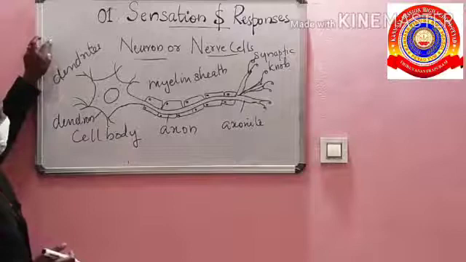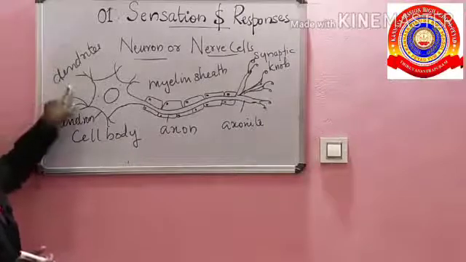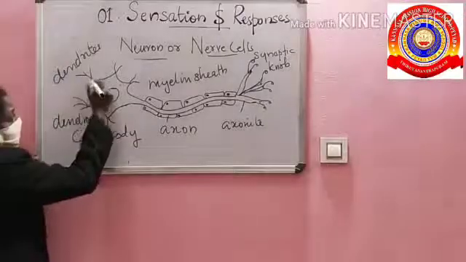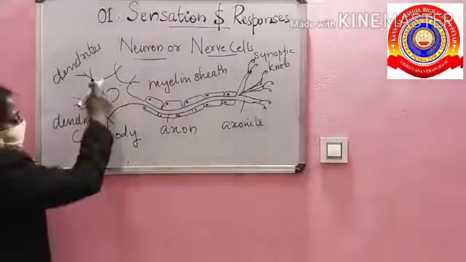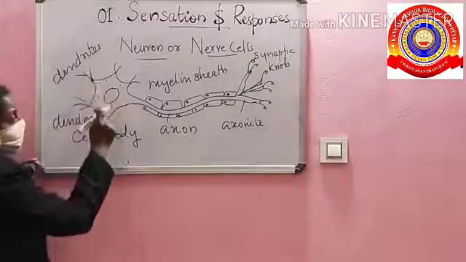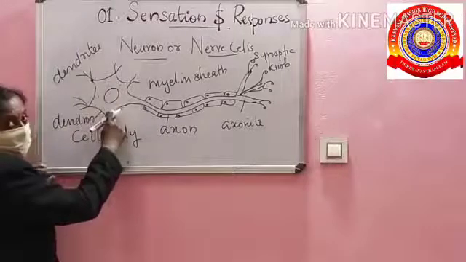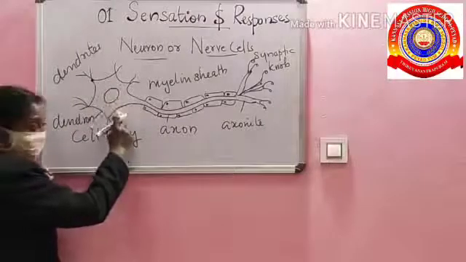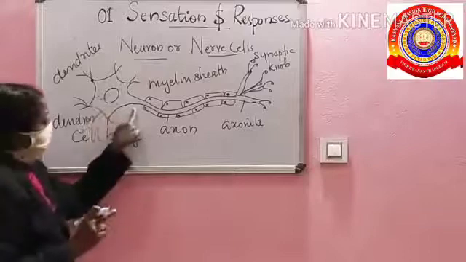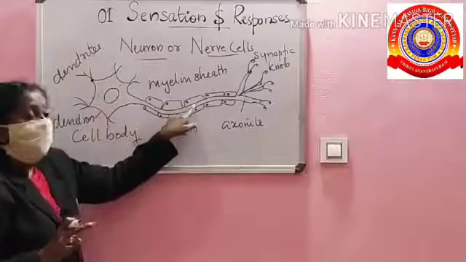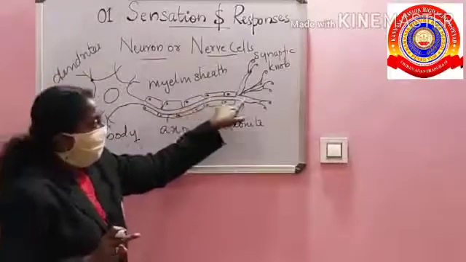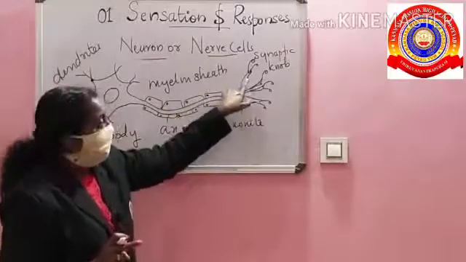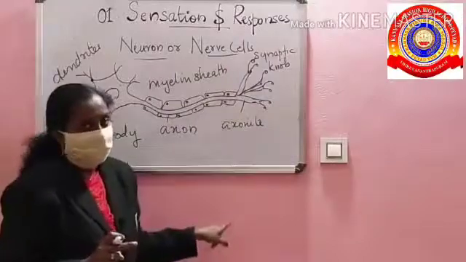The impulses from the dendrites reach the dendron. From the dendron, these impulses reach the cell body. From the cell body, these impulses move towards the axon. From the axon, the impulses reach the axonite.